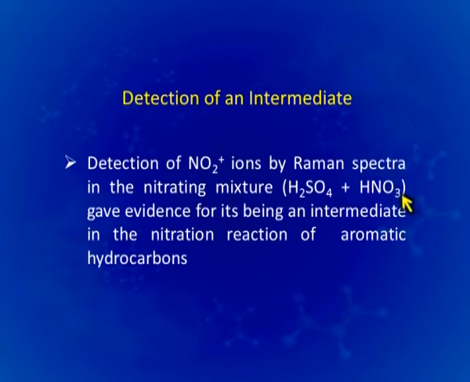The aromatic compounds undergo nitration in presence of the nitrating mixture, which is sulfuric acid and nitric acid, and form nitronium ion. Nitronium ion is actually the intermediate which is responsible for this electrophilic substitution, and the Raman spectra is used to detect this nitronium ion. So, this is the way we detect intermediates.